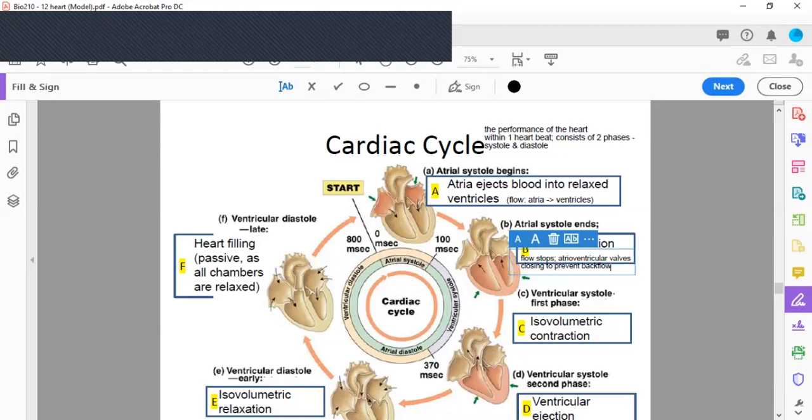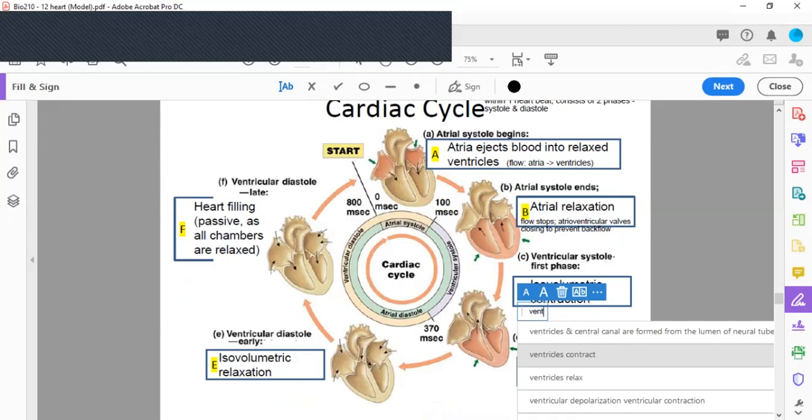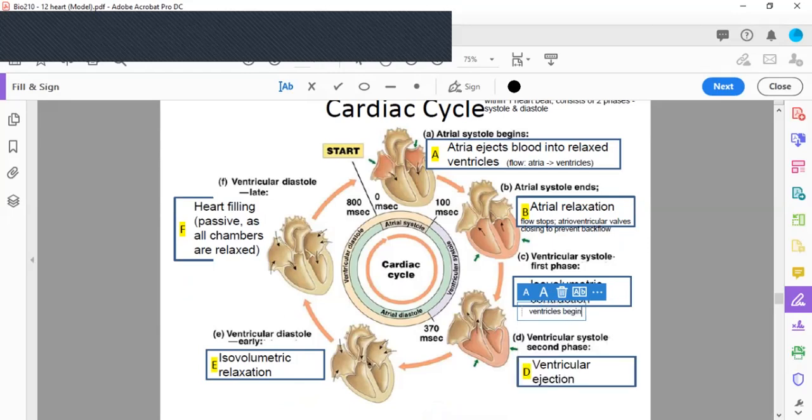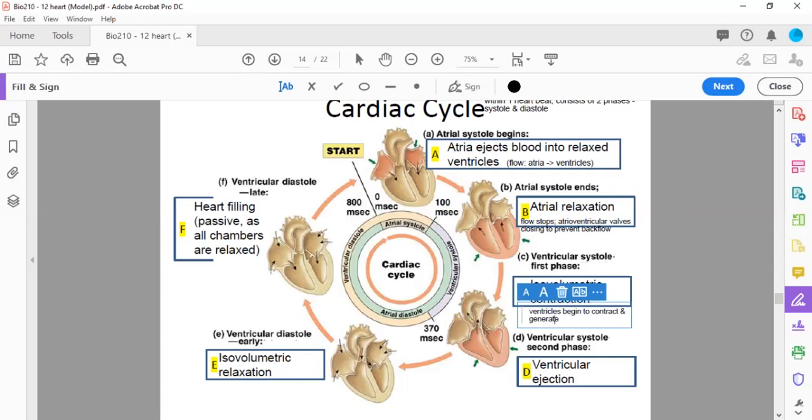What that means is that the ventricles begin to contract and generate pressure, but not enough to open the semilunar valves.